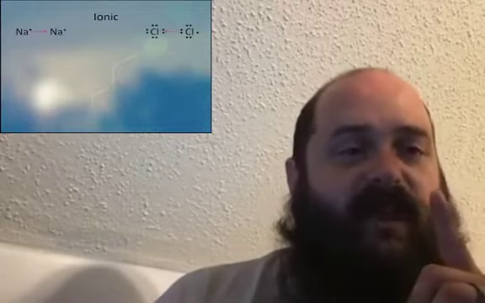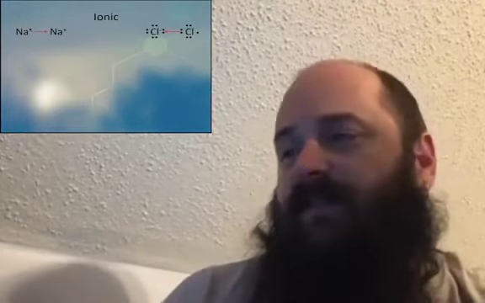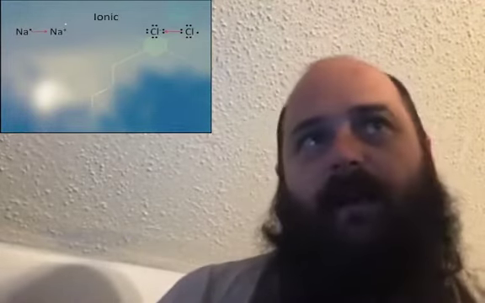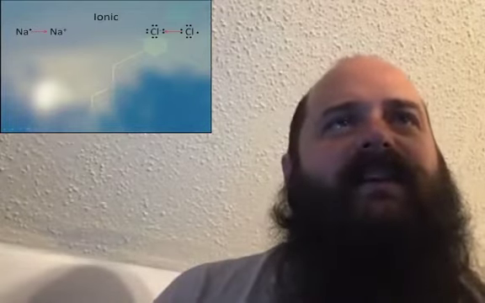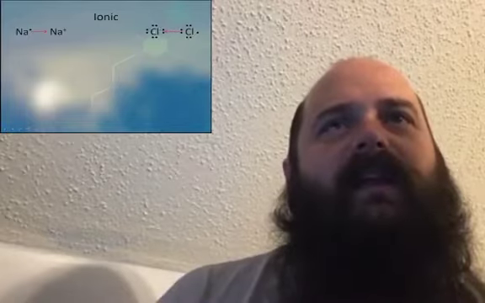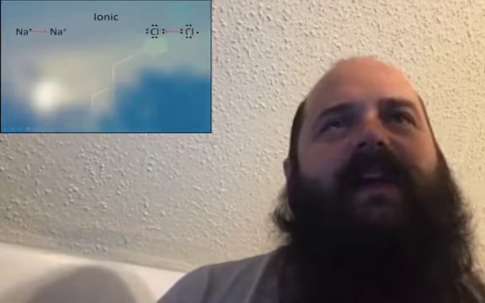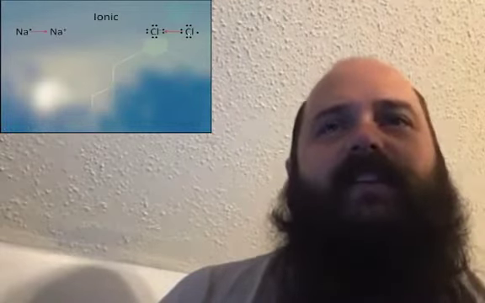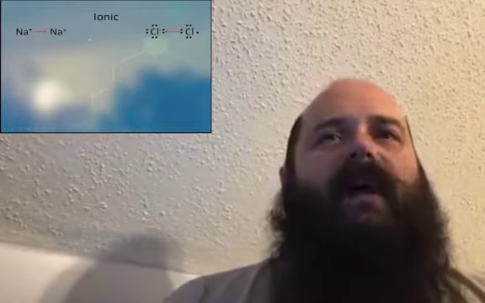So this is how we show this in picture form. That electron leaves that sodium and comes over here and interacts with this chlorine, making a chlorine negative and a sodium plus. These two then have an ionic bond with each other and want to interact.